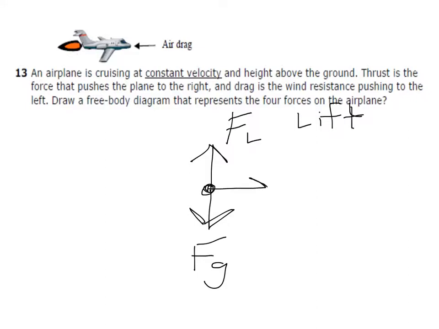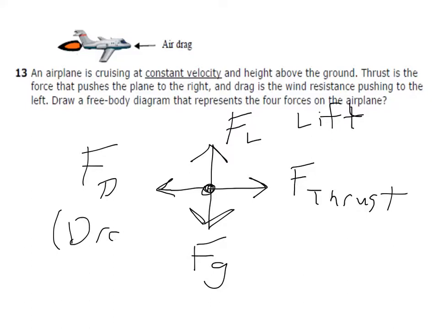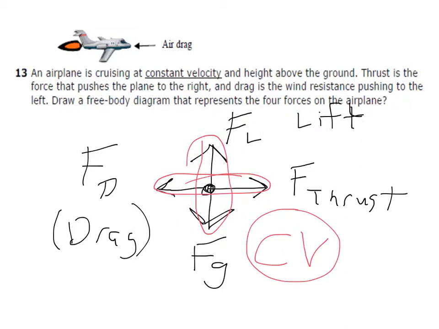The force right here is the force of thrust. And the force here is the force of drag. Notice the free body diagram that I drew. In this free body diagram, these two exactly cancel each other, and these two exactly cancel each other. Why? Because it is moving at constant velocity. If any of these were larger, then that would mean that it was not at constant velocity and there was some acceleration going on.